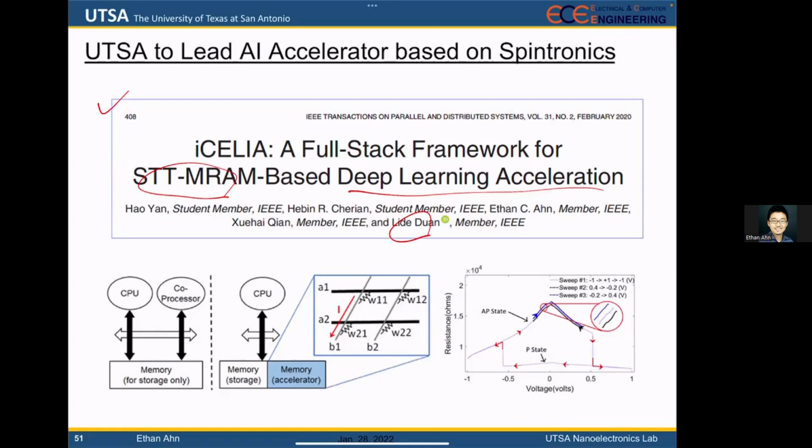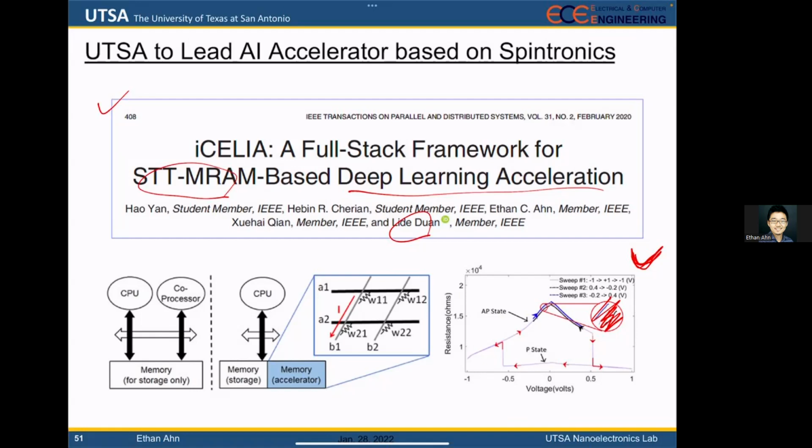I think he is no longer with UTSA, but I worked with him to provide my expertise in devices. I think we were one of the very first groups to show that we can have multiple resistance levels in one single spin device. Then we developed circuit level, system level, and architecture level innovation. That's why it's called the full stack framework.